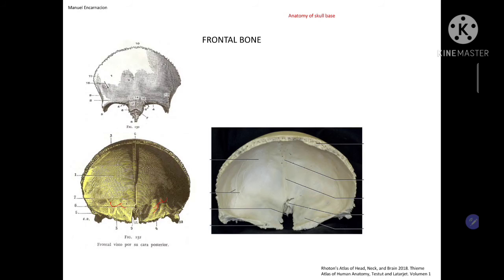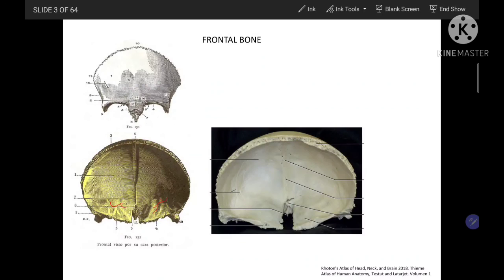These are the borders. We're going to have different borders in the frontal bone. We have the anterior border or orbito-nasal border. This orbito-nasal border separates the squamous frontalis from the orbito-nasal surface.